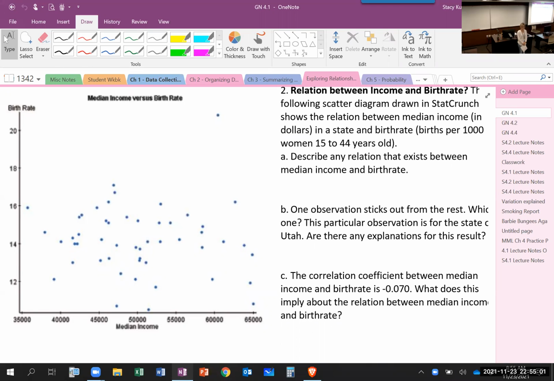It's just a fact. What is Utah known for? Do they have a high population of Mormons in their state?